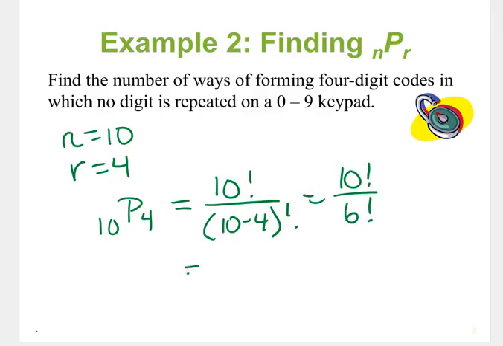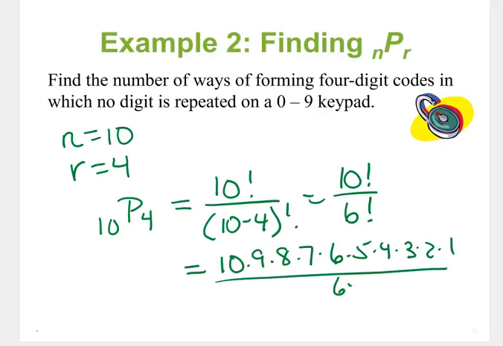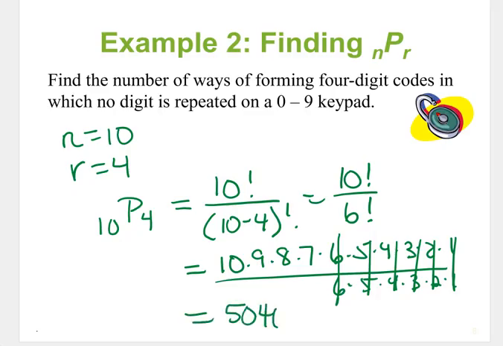In this case, 10 factorial is 10 times 9 times 8 times 7 times 6 times 5 times 4 times 3 times 2 times 1, and then 6 factorial is 6 times 5 times 4 times 3 times 2 times 1. So notice this whole 6 factorial will divide out, and all you have left is 10 times 9 times 8 times 7, which gives you 5,040 different ways that you could come up with that 4-digit PIN.